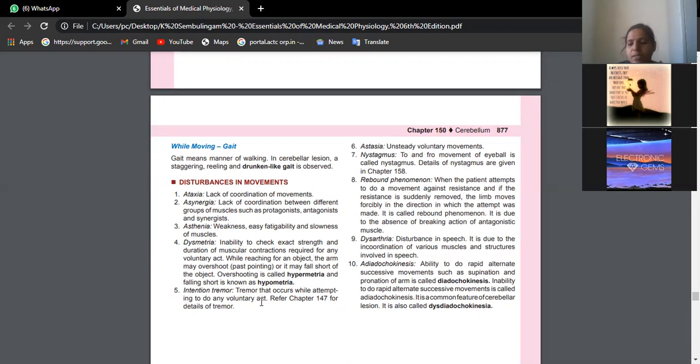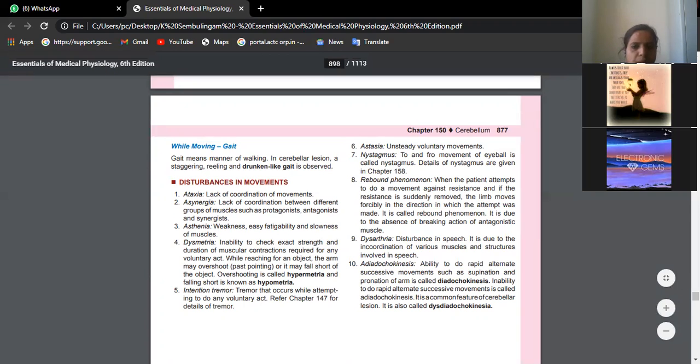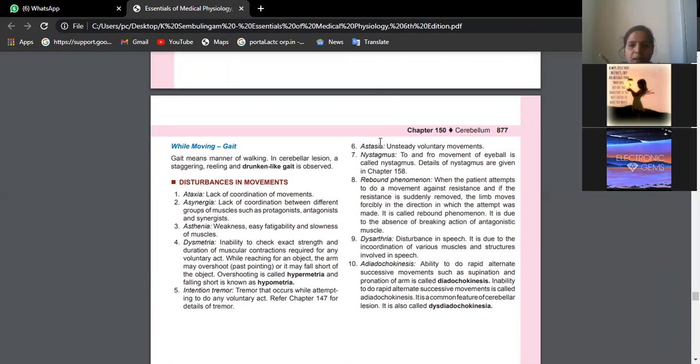Intention tremor: as long as the person is at rest, there is no shivering, but if he starts writing something or tries to operate his phone, he suddenly starts shivering. That's intention tremor. Astasis, unsteady voluntary movement. Nystagmus, to-and-fro movements of the eyeball.